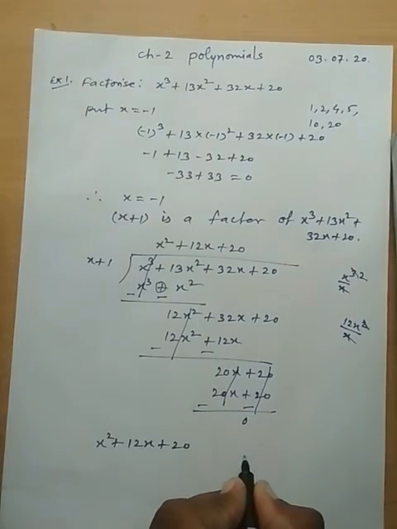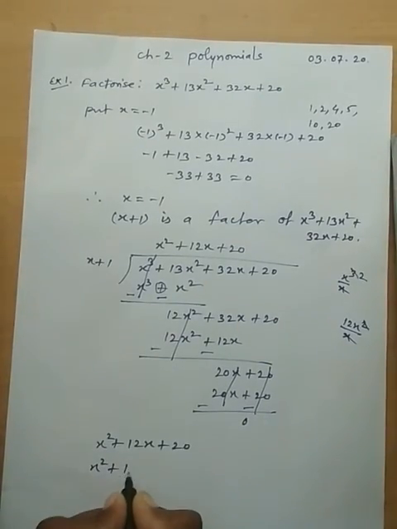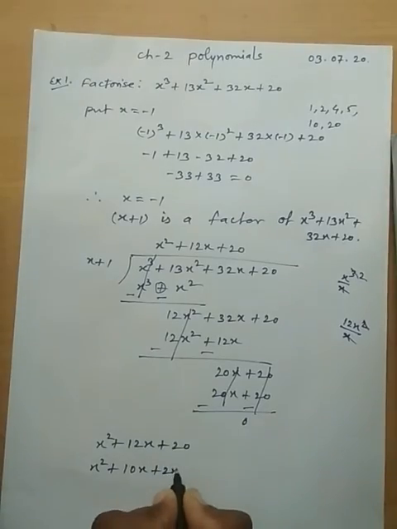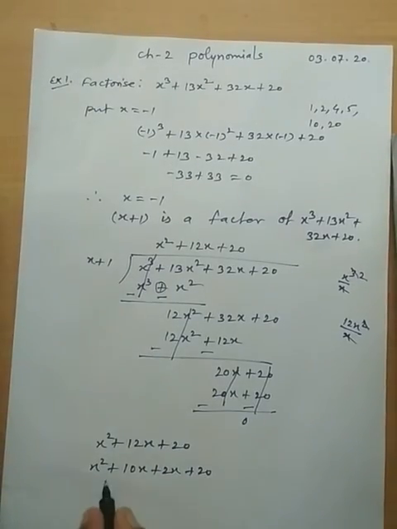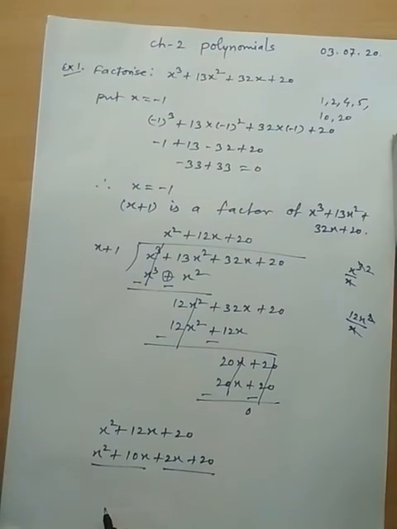So 10 and 2 are the two factors. 10 plus 2 is 12, and 10 into 2 is 20. So x square plus 10x plus 2x plus 20. Here the two pairs are x square plus 10x and 2x plus 20. In the first, x is common, then x plus 10 remains. Again 2 is common and x plus 10 remains. So x plus 10 and x plus 2.